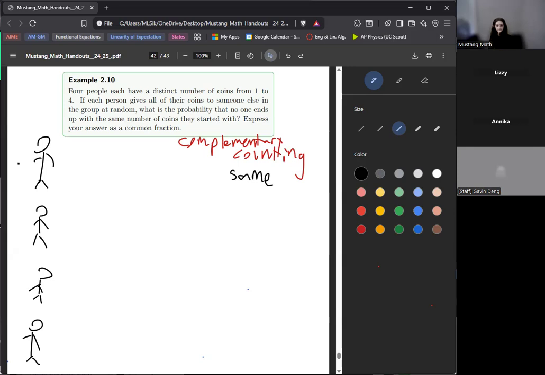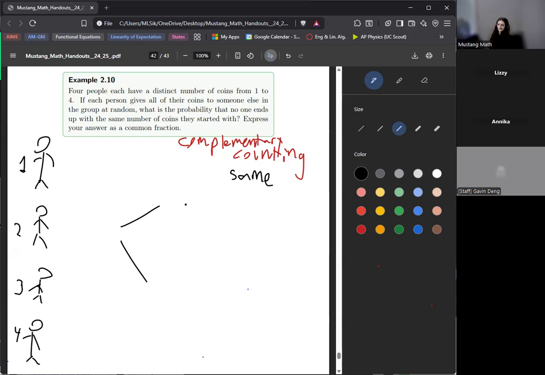Let's say, and I'm just going to label these people 1, 2, 3, and 4. 4/27. Yeah, so that is the probability that someone ends up with their original number. But there are different ways that this can happen if you go through the casework.